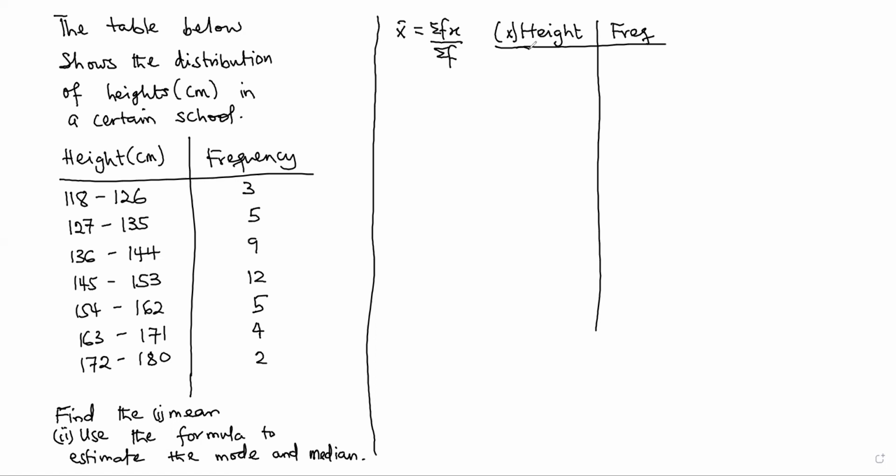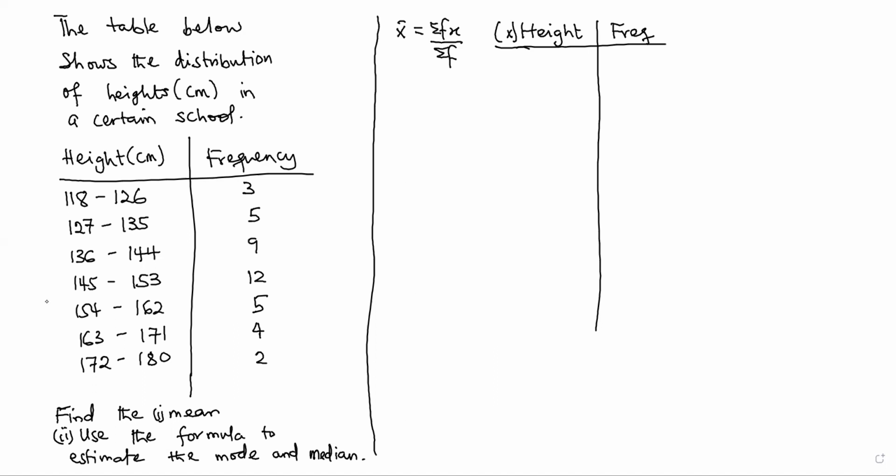By so doing, you take the lower class limit and the upper class limit, add the two and divide by 2.